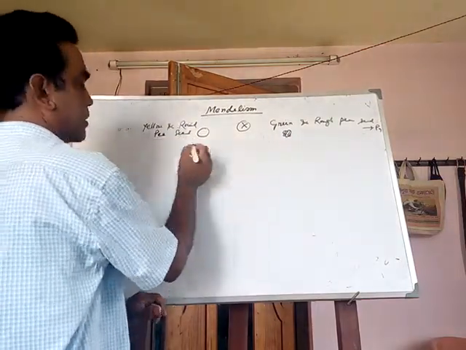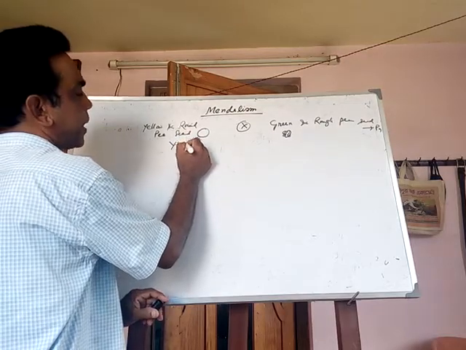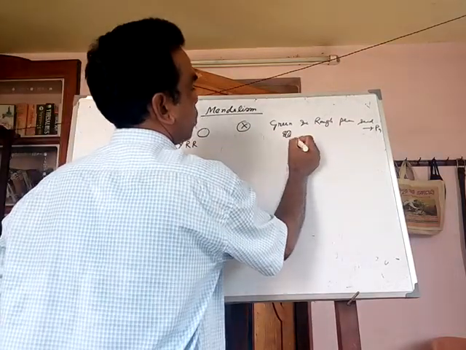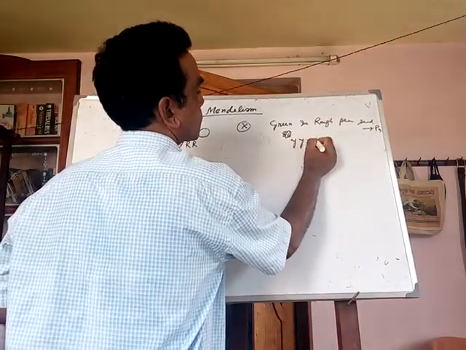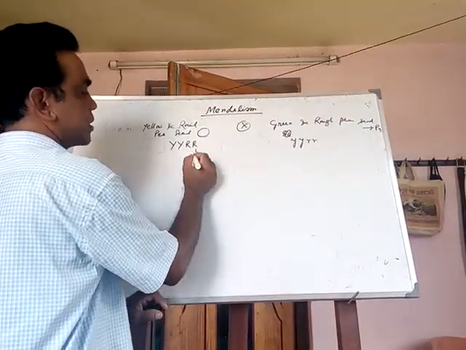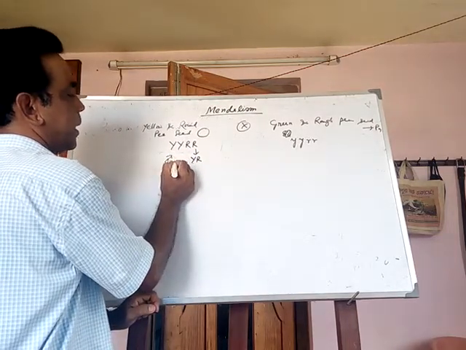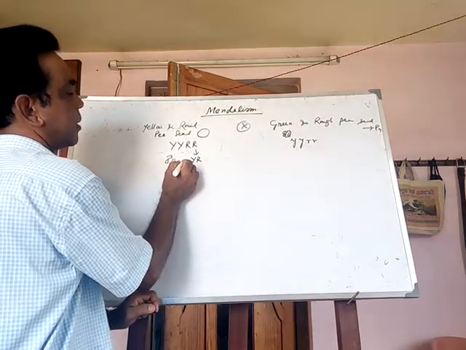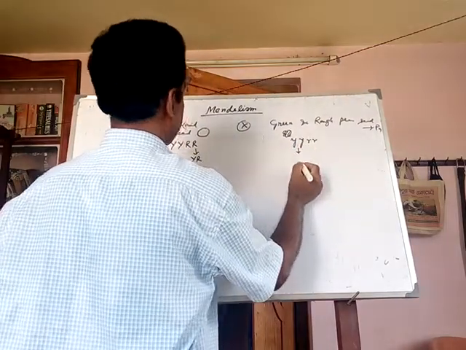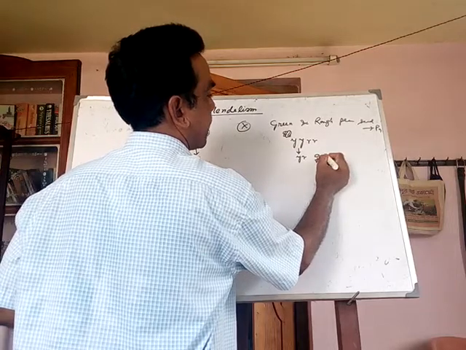The factors are capital Y capital R, and small y small r. It produces capital Y, capital R male gamete. It produces small y, small r female gamete.